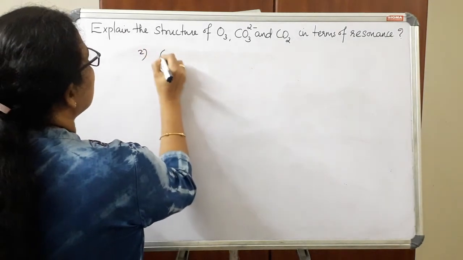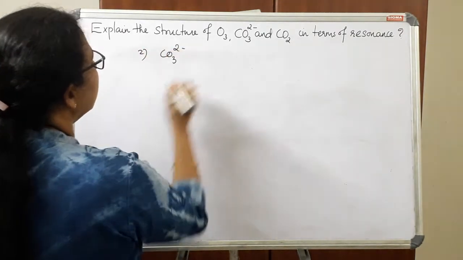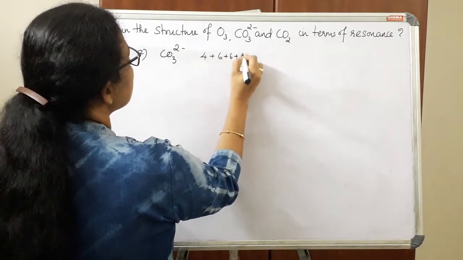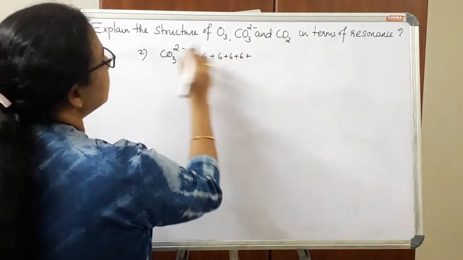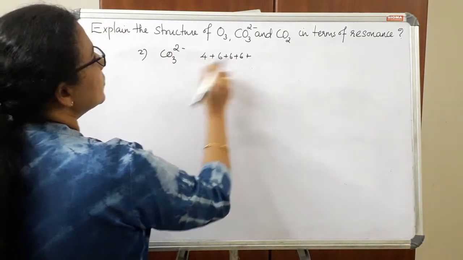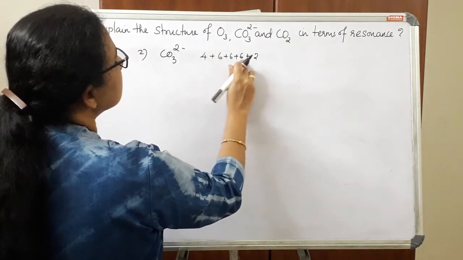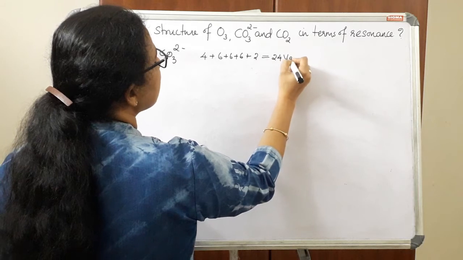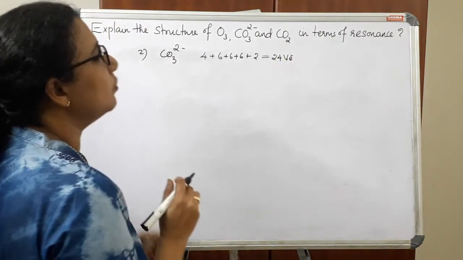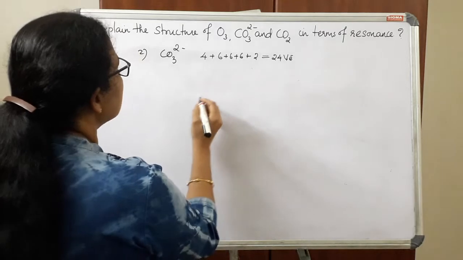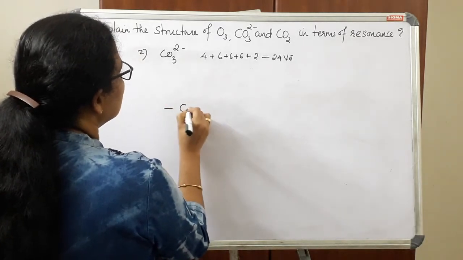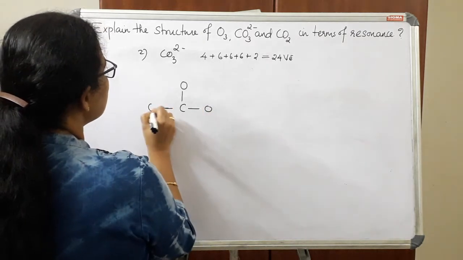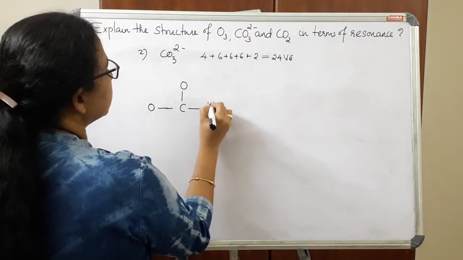CO3 2 minus has 4 plus 6 plus 6 plus 6, and 2 electrons need to be added, so it is 24 valence electrons. We can draw the Lewis structure of the carbonate ion like this.